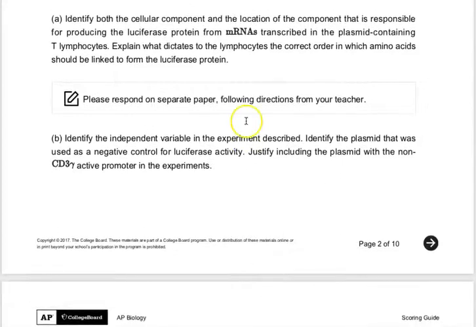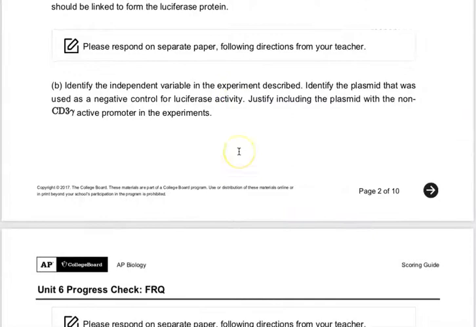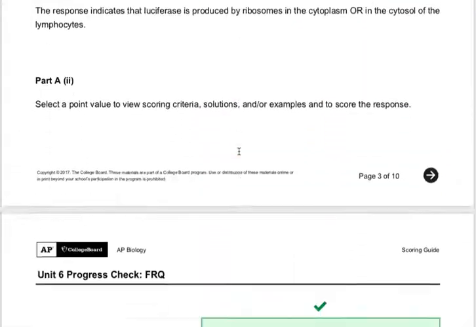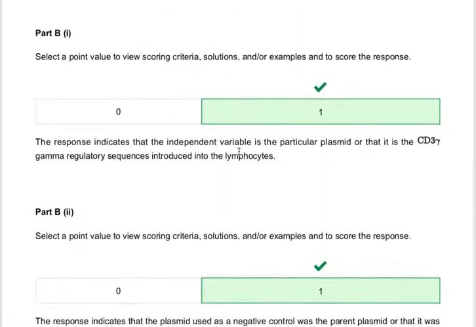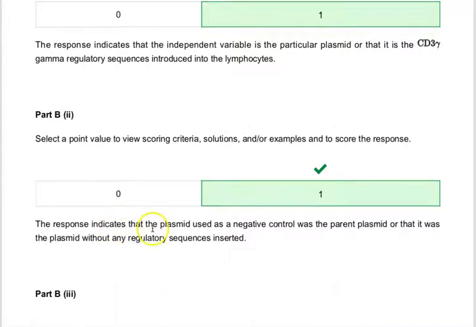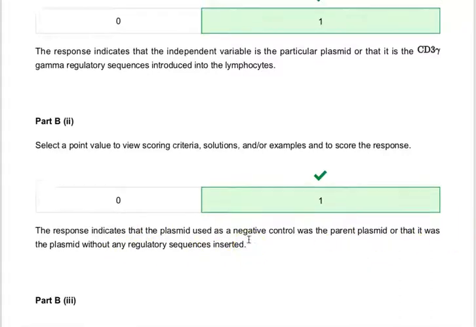Okay? Identify the plasmid that was used as a negative control for luciferase activity. So let's look at that. Question B2. The response indicates that the plasmid used as a negative control was a parent plasmid, or a plasmid without any regulatory sequences inserted.